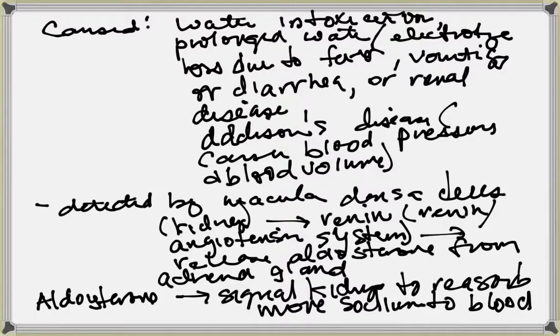So it's basically just a signaling cascade, right? If aldosterone is not regulated quite right, then essentially that is going to cause a change of whether you have low or high sodium levels.